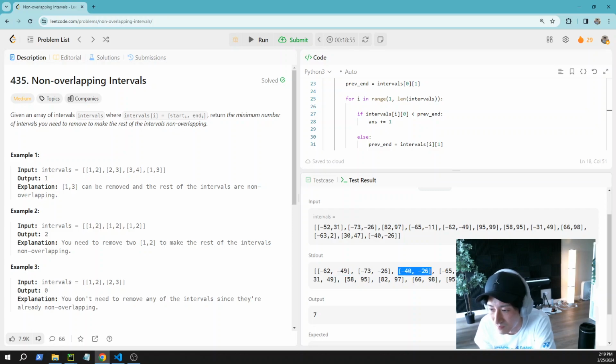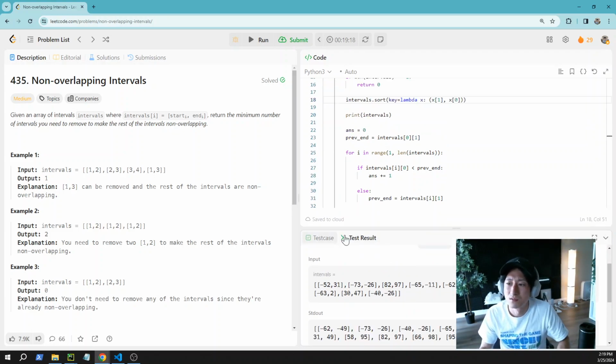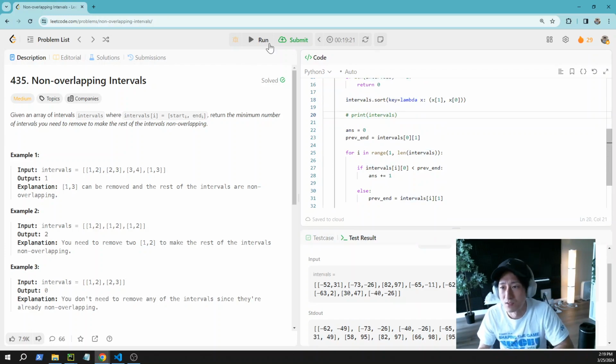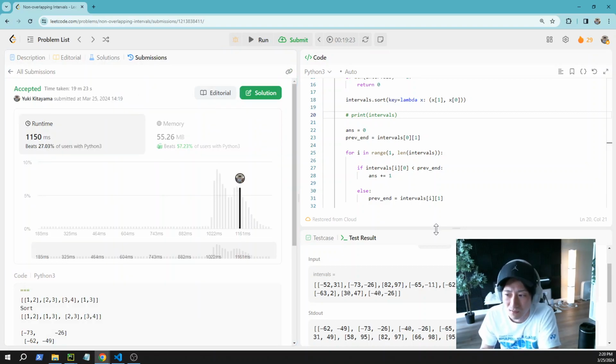No, this is not overlapped. And now this is minus 26 and the overlap. But these are not overlapped. And the positive ones, when I sort by ending, are actually also sorted by start somehow. So let's run for the rest of the stuff. Okay. So that was the way to solve.